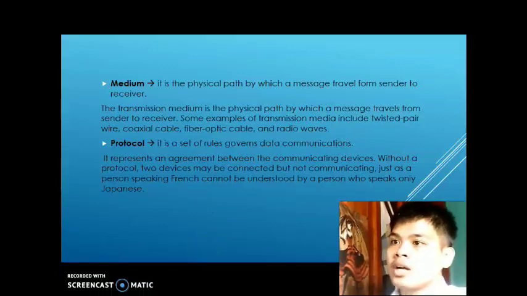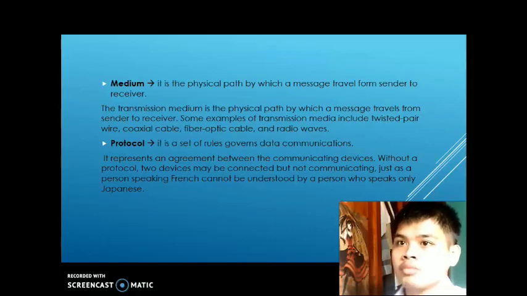It is the physical path by which a message travels from sender to receiver. Some examples of transmission media include twisted pair wire, coaxial cable, fiber optic cable, and radio waves.